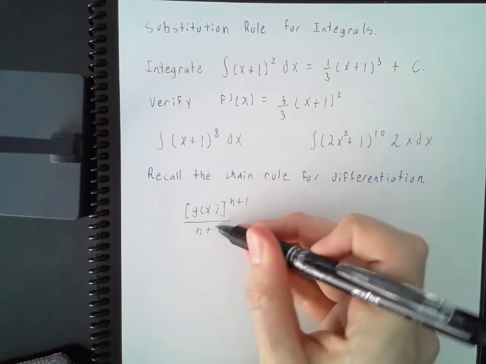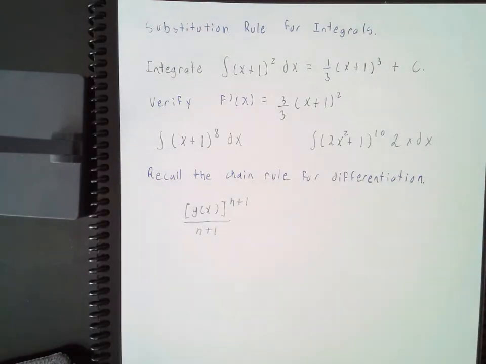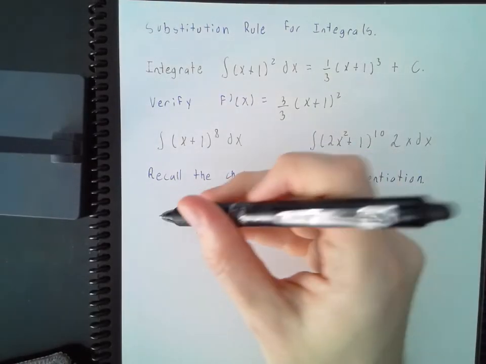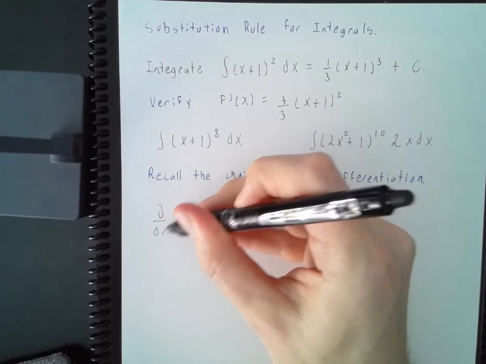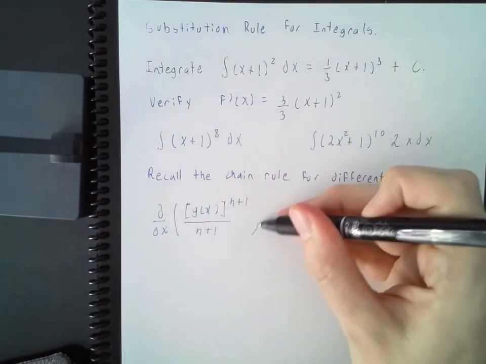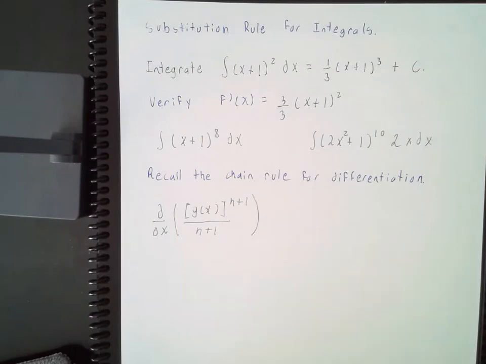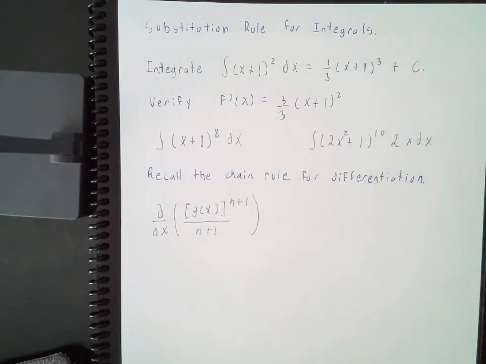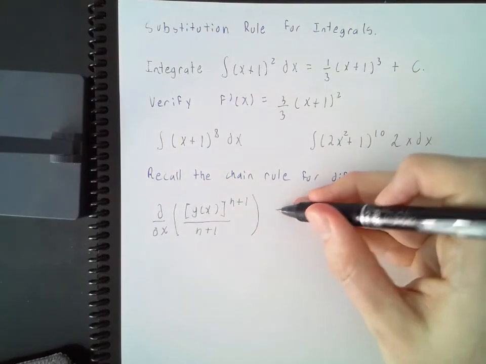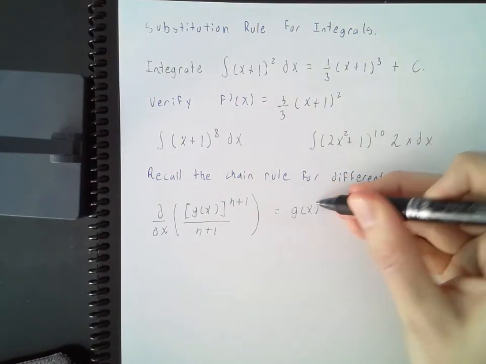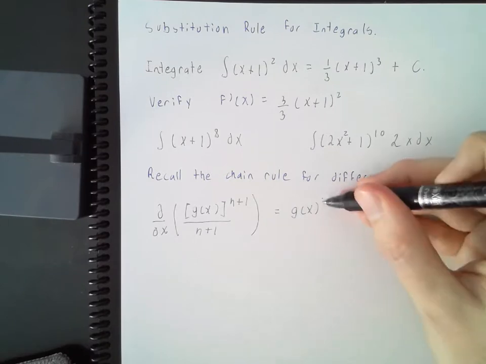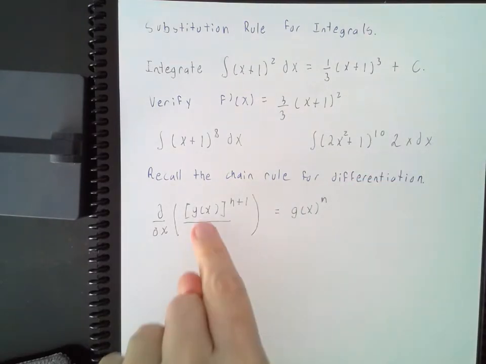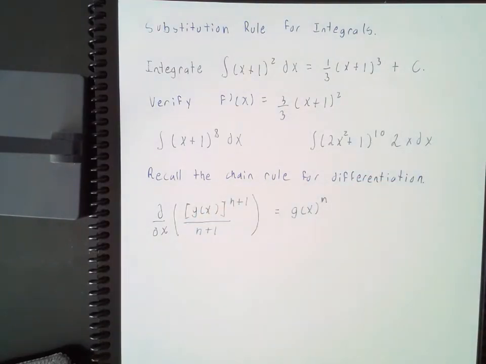And I also am going to divide this function by n plus 1. And then, if I take the derivative of this function by using the power rule, the n plus 1 in the numerator is going to cancel out with the n plus 1 of the denominator. The power of this function is going to decrease by 1, but I also have to take the derivative of the inner function.